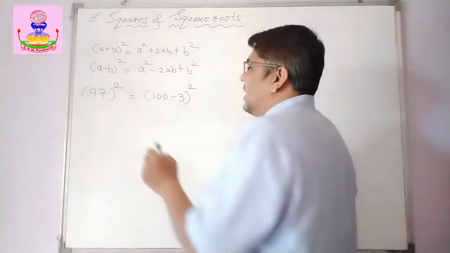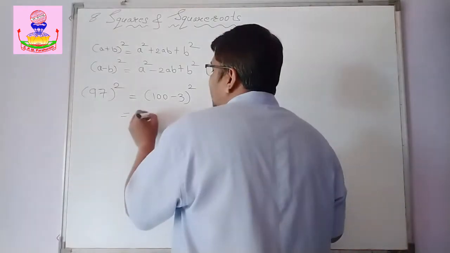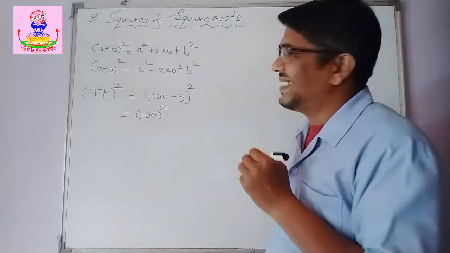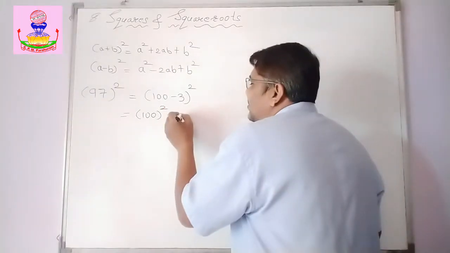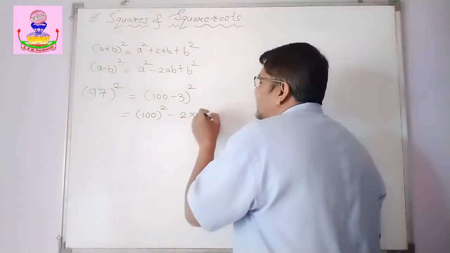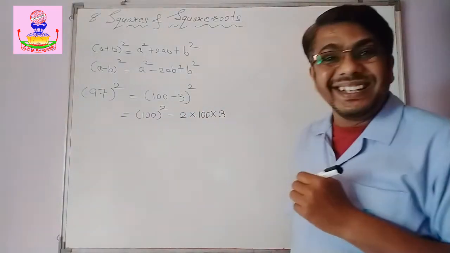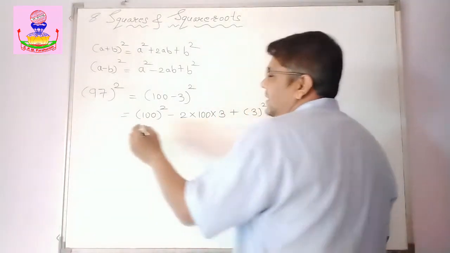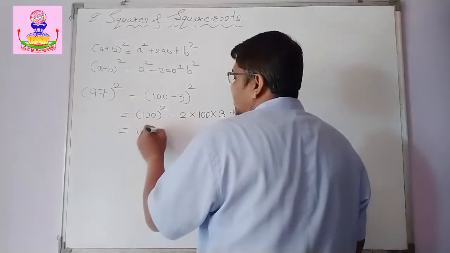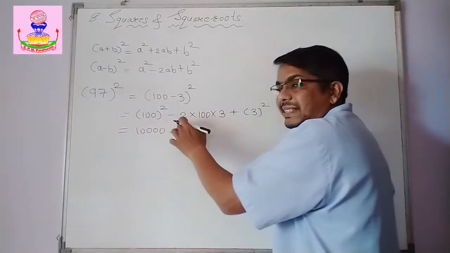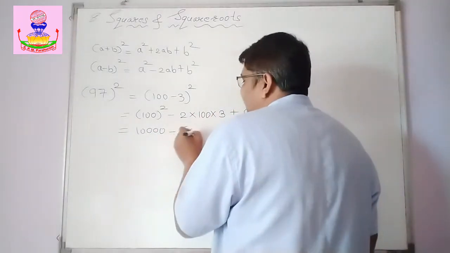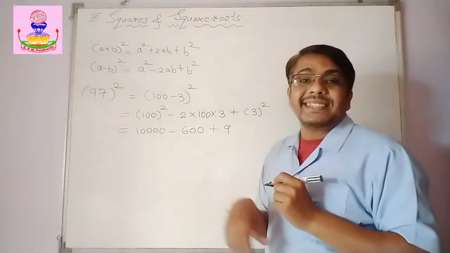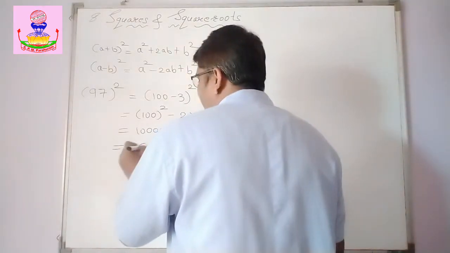So (a minus b) whole square. So that is a square, that is 100 square, minus 2 into a, that is 100, into 3, that is b, plus b square, that is 3 square. Now 100 square is 10,000, minus 3 2s are 6, 6 into 100, 600, plus 9. Now 10,000 minus 600, how much is it?